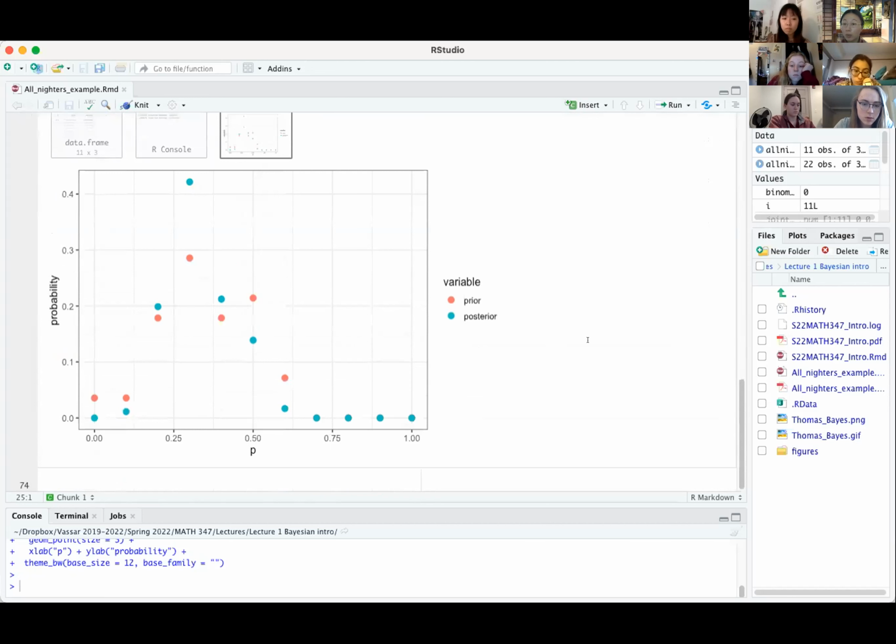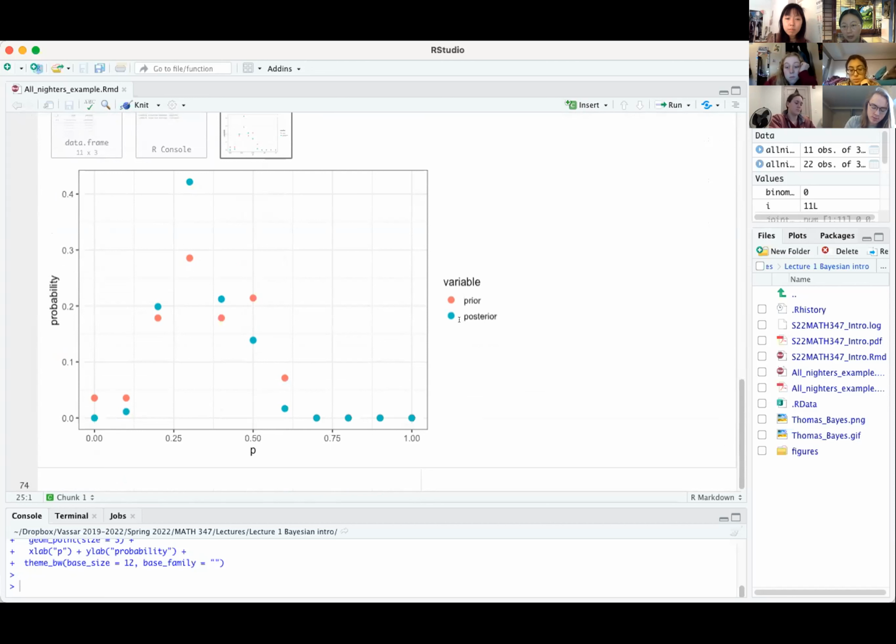I also did a quick plot of the prior and the posterior comparison. The prior is the red one, and you can see that, like I said, we have a relative peak at 30% before we observe the data, and then we also have a second peak at 50%, and the other ones are smaller.